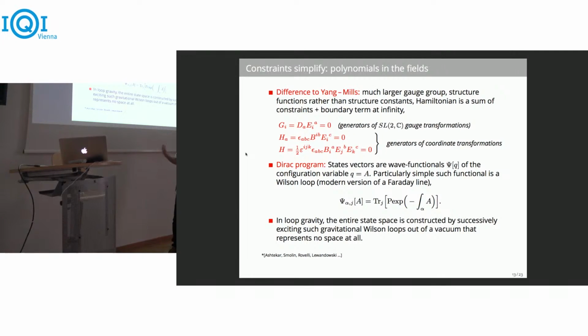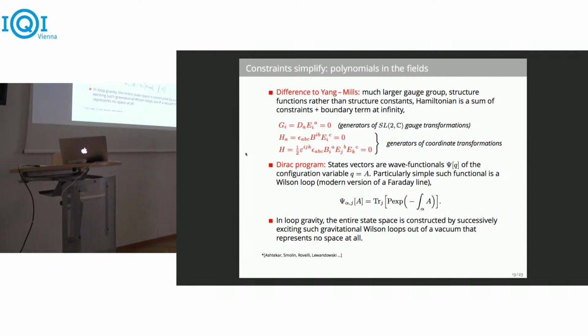The mathematical beauty in this formalism is that all constraints assume a simple polynomial structure. The Gauss law, the constraint that generates local frame rotations, is just the gravity analog of the electromagnetic Gauss law that tells you that the divergence of the electric field is 0.